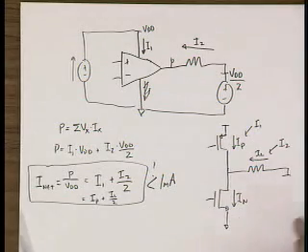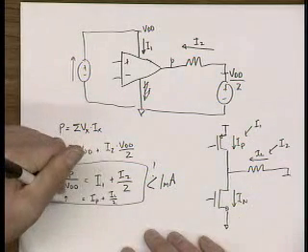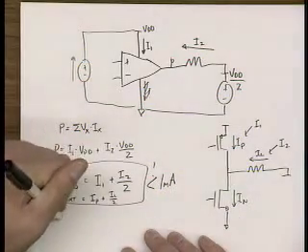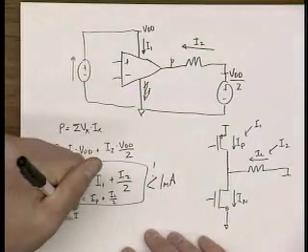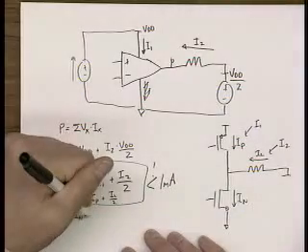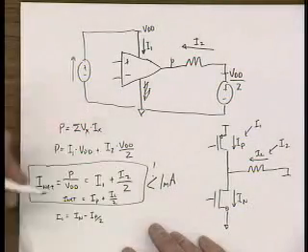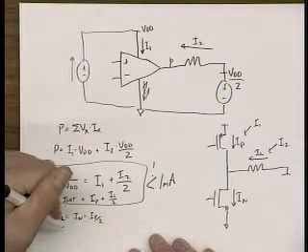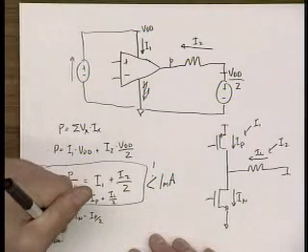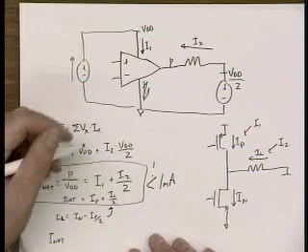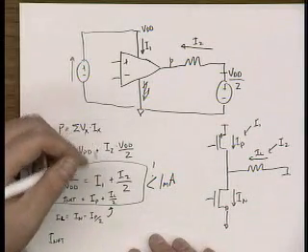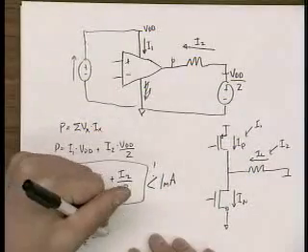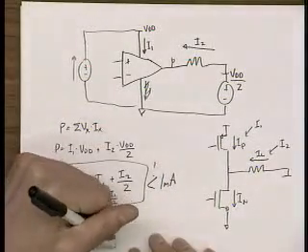But whatever. So we know iNet is equal to that, and we also know that iLoad is equal to IN minus IP over 2. Okay? So therefore, iNet, you substitute this into here, and you get IP over 2 minus IN over 2.